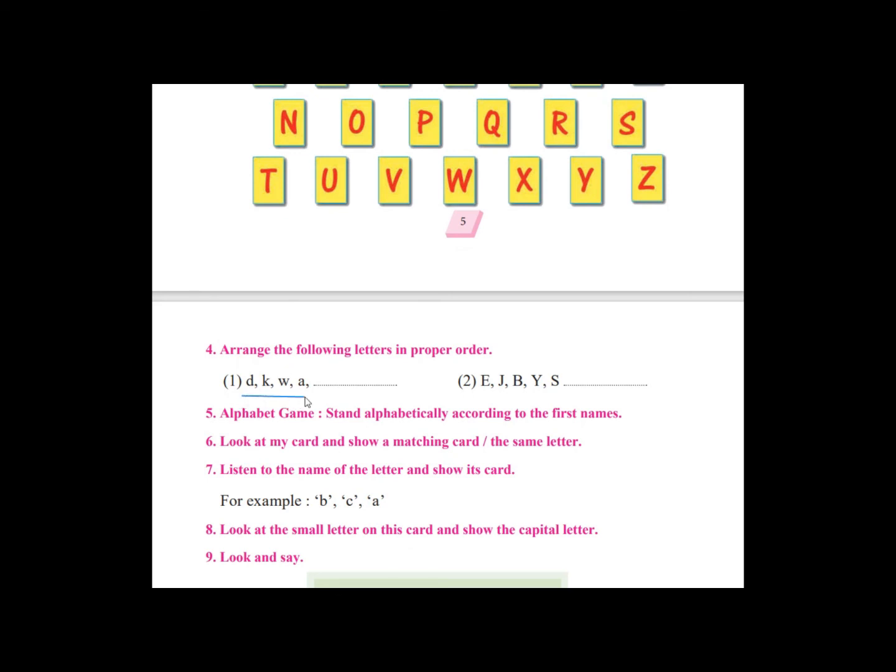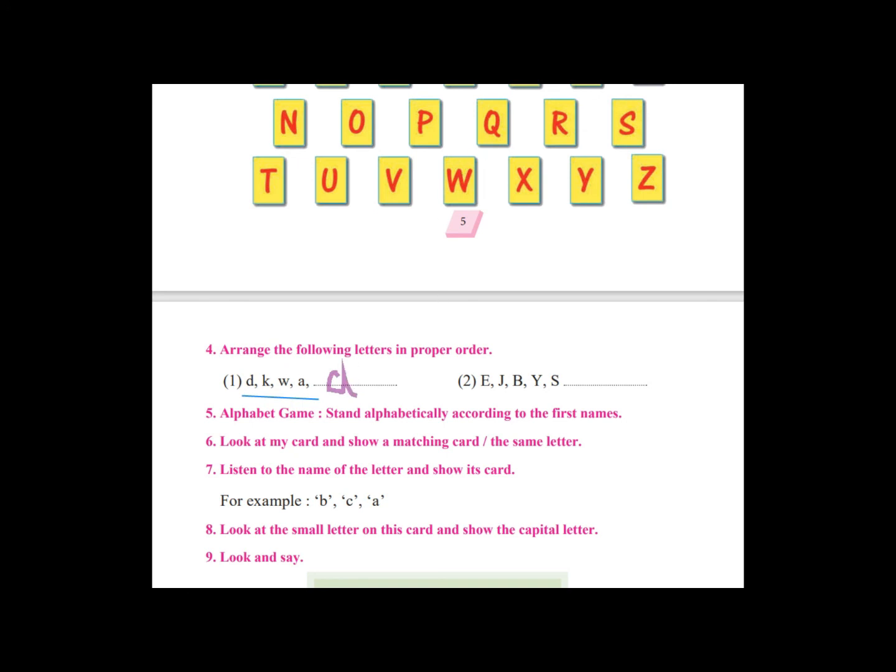D, K, W and A. So students, in the alphabet, what comes first? D? No. K? No. W? No. A. So what will you write here first? You will write A.